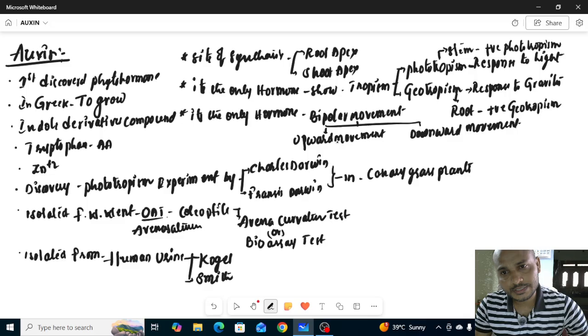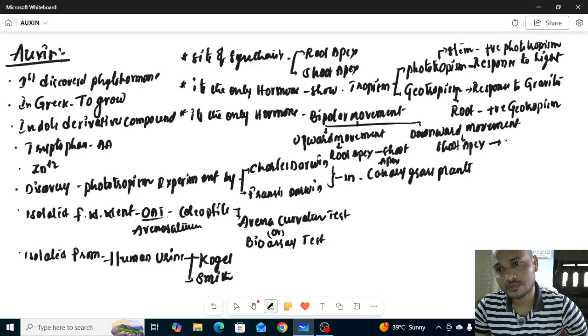Upward movement means the auxin can travel from root apex to shoot apex. In downward movement, the auxin can travel from shoot apex to root apex.